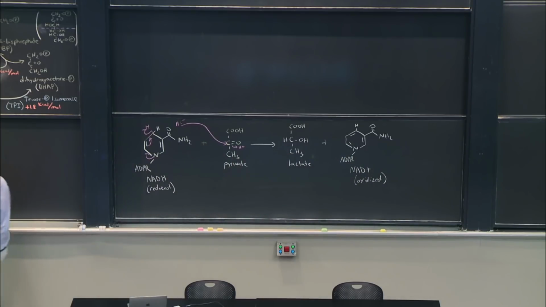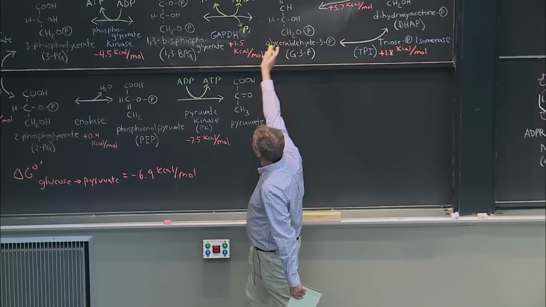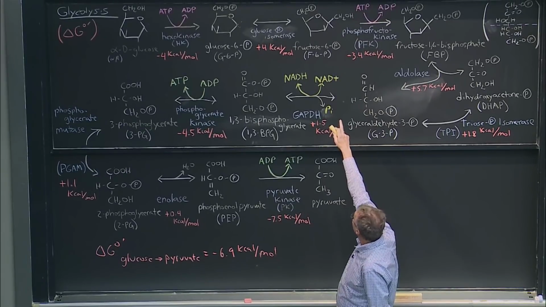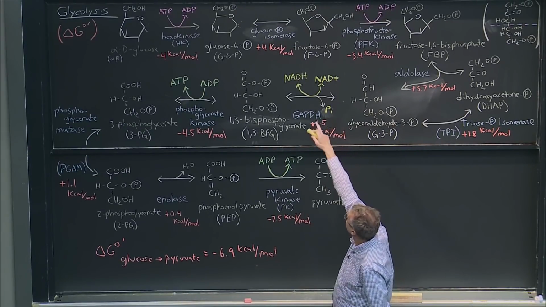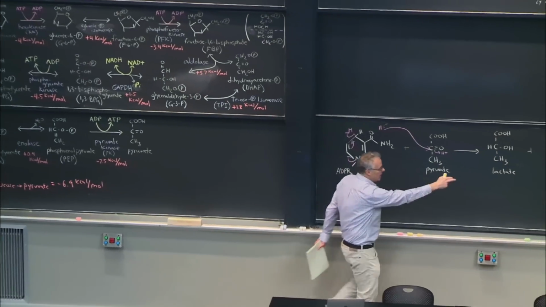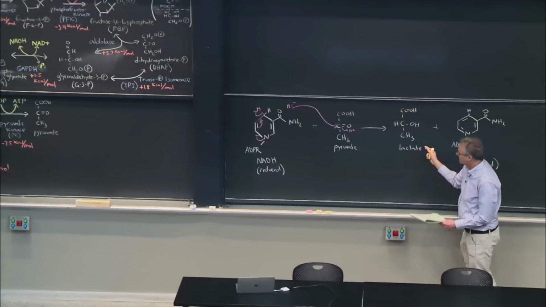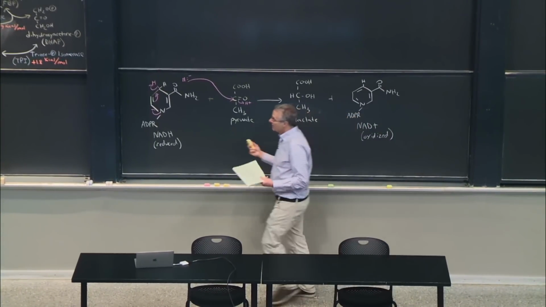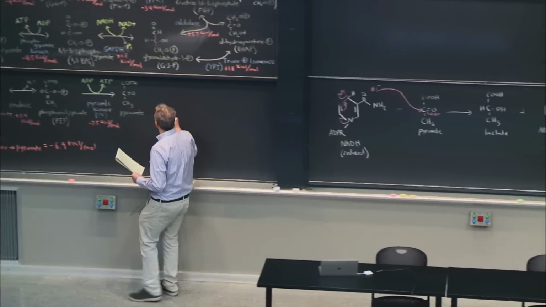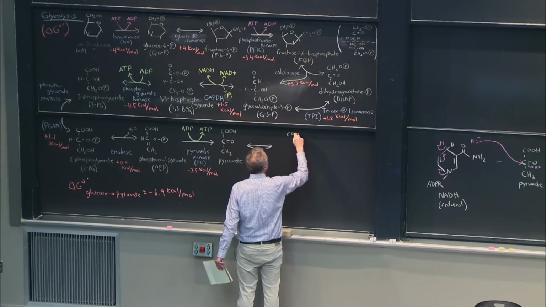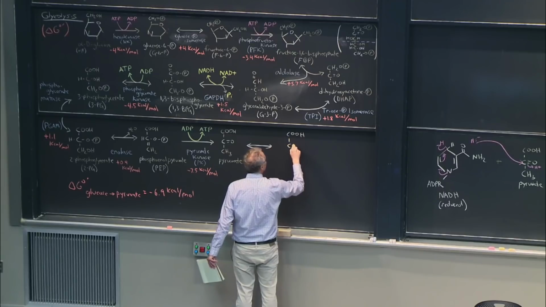Opposite of what's going on in the GAPDH step. There, the aldehyde is oxidized to the acid, while NAD+ is reduced to NADH. Here, NADH is reoxidized to NAD, while taking the pyruvate and re-reducing it to lactate. This, by adding here, allows us now to regain balance across the entire pathway.